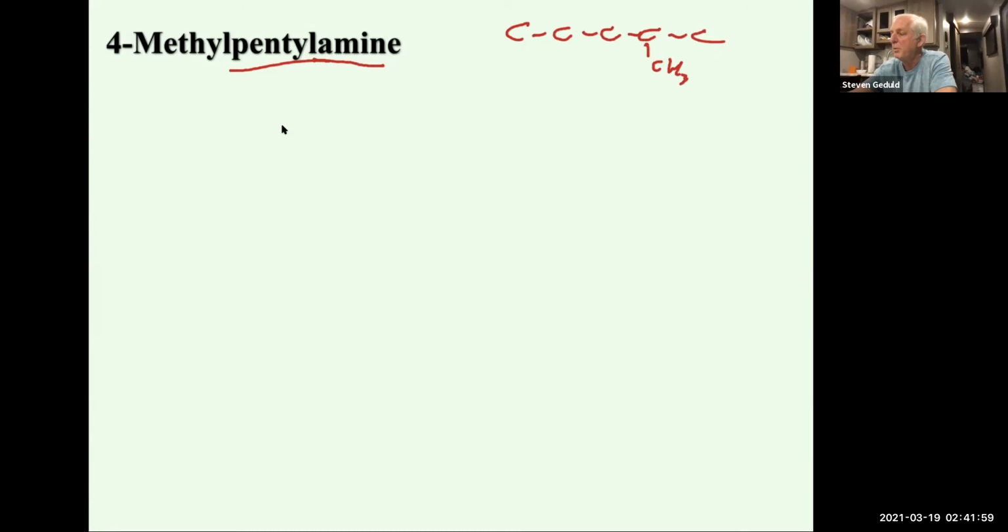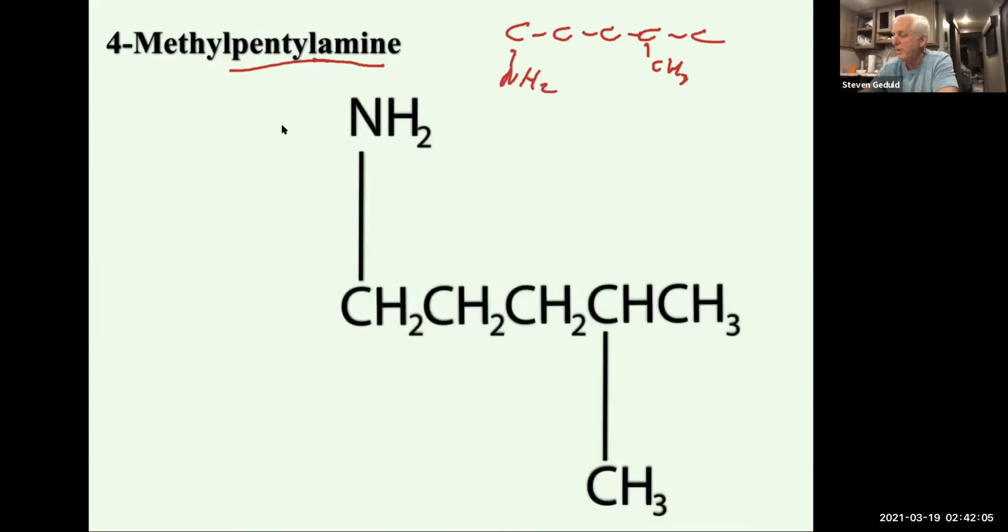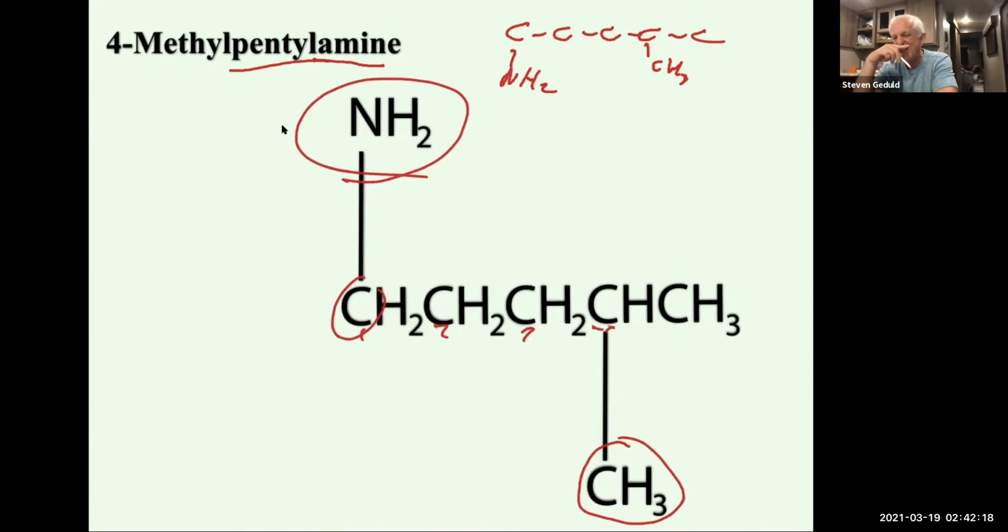They should have a number 1 in there, but I'm pretty sure it's 4-methyl-1-pentyl amine, because the methyl could be at the number 2 or 3 position also. So there's 1, 2, 3, 4. So your 4-methyl group, and at number 1 there is your amine group, and that's a primary amine.